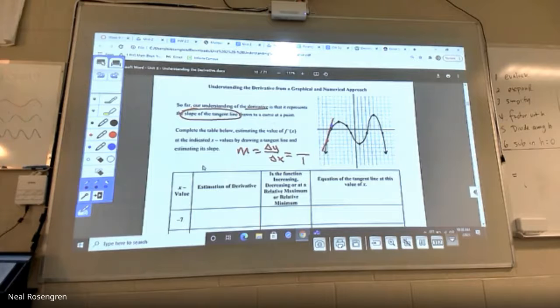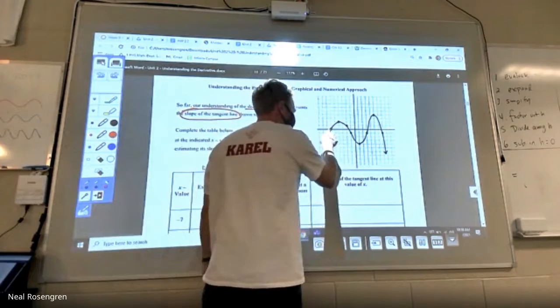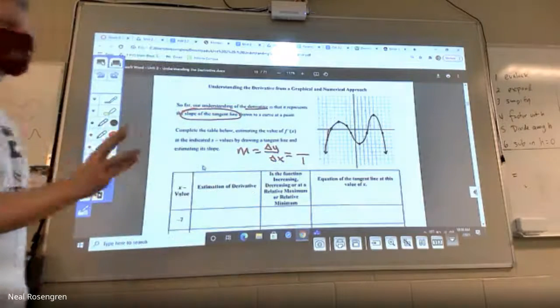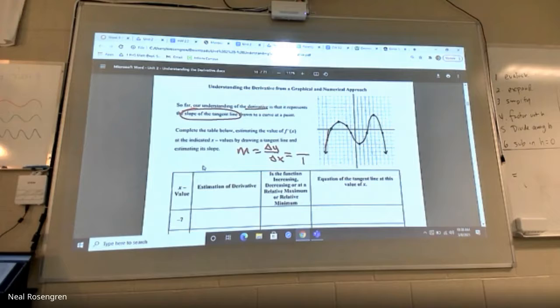But when I think about trying to graph this tangent line well, and I just go like this, pretty small, if you don't get yourself at least a box to the left or a box to the right, it might be hard to estimate that well. Because when we talk about slope, it's just rise over run. If I just make my run 1 box over, let me try to land nicely somewhere.